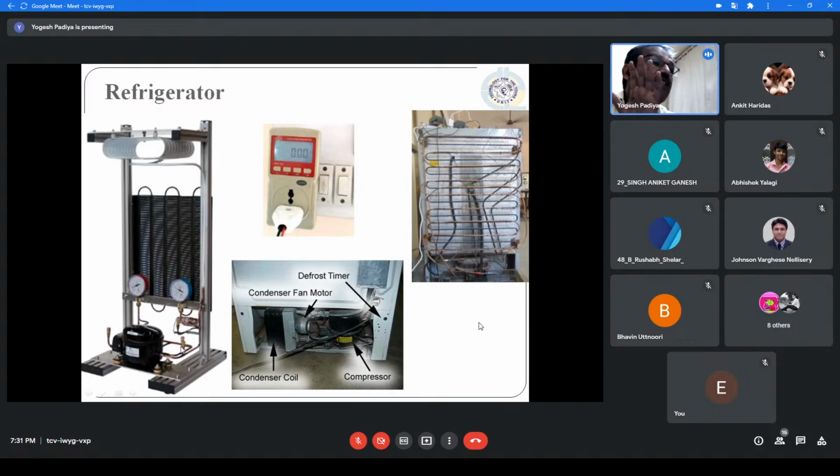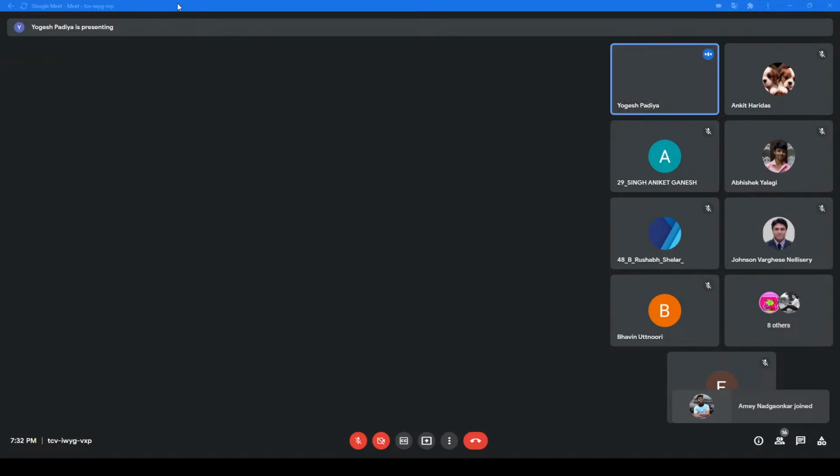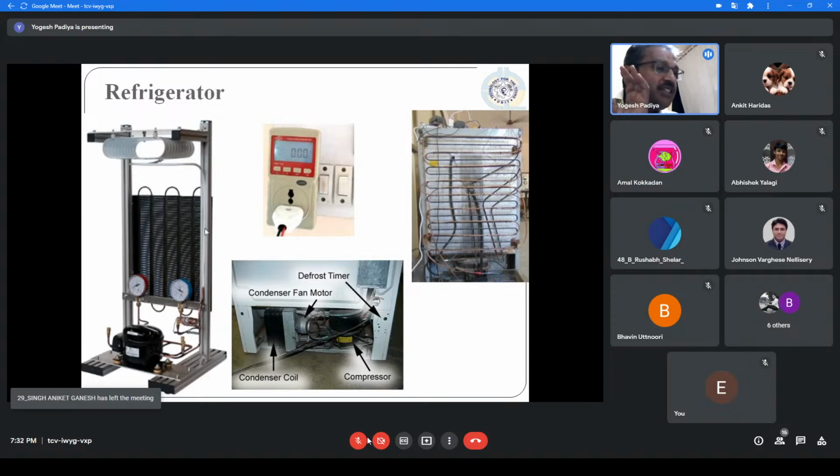Once you are keeping your fridge close to the wall, then you know that in a fridge you have an evaporator, condenser, compressor. Now you know that through this condenser the heat is ejected to atmosphere. Now if this unit is placed just close to the wall, the air circulation will be less. Once the air circulation is less, the temperature of the air will increase.